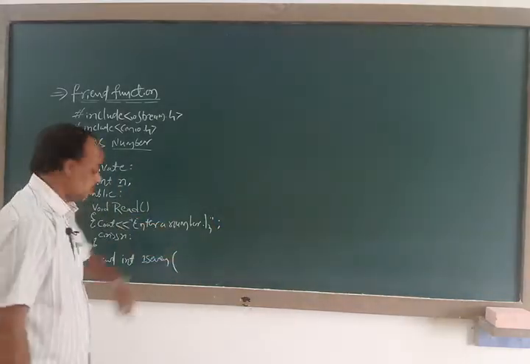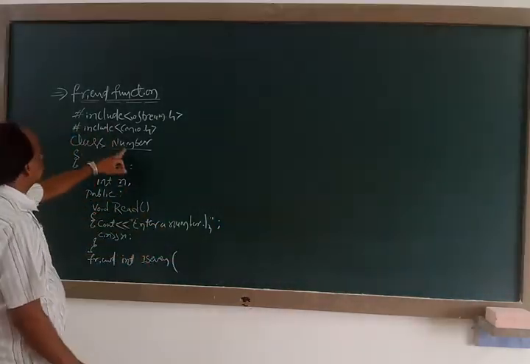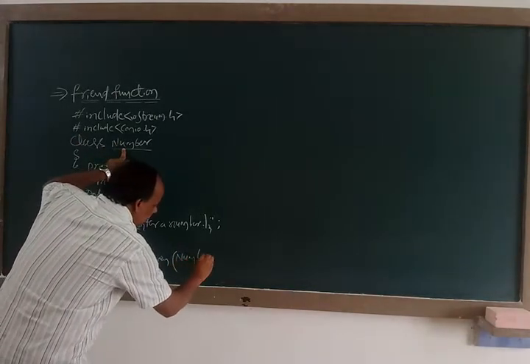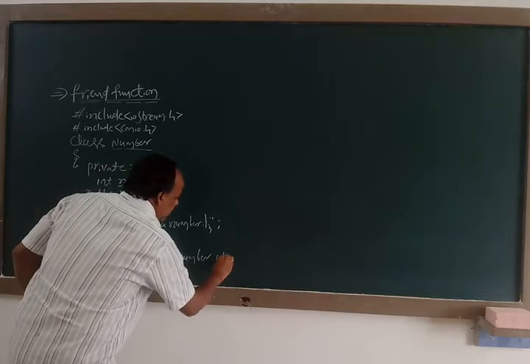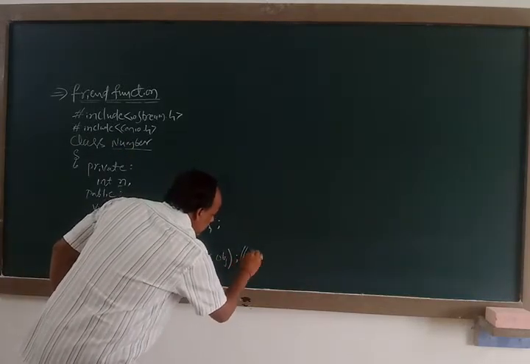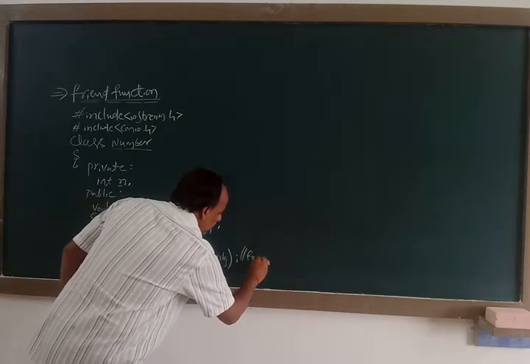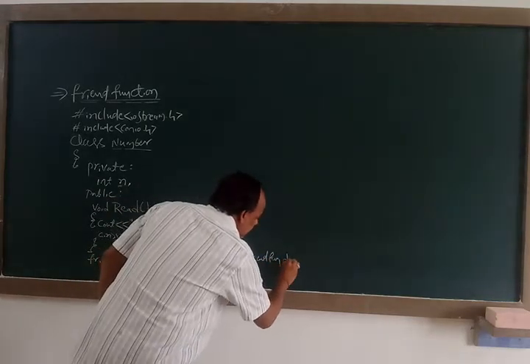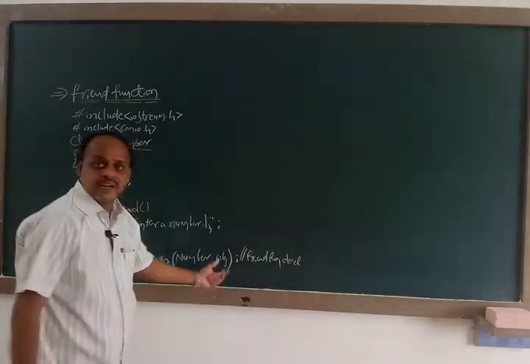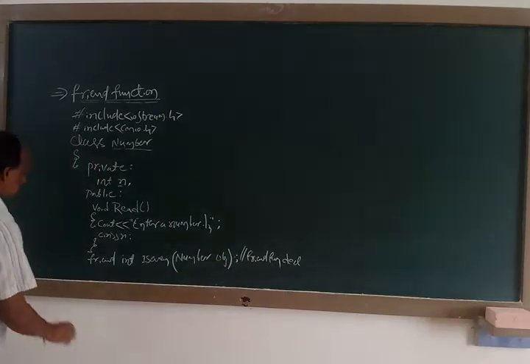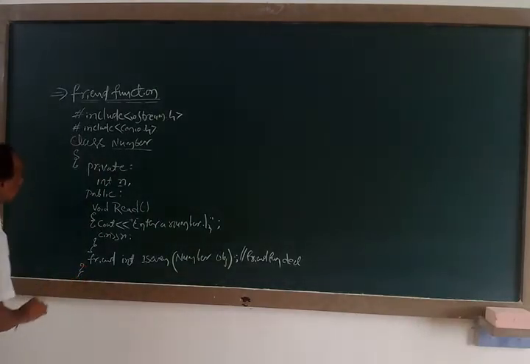Class name, space, object name. Class name is number, take one object as obj, semicolon, because this is a friend function declaration. That's why I end with the semicolon. And now close the class with the semicolon.